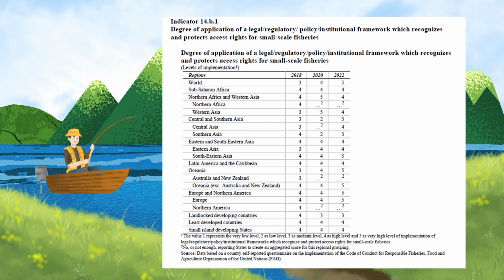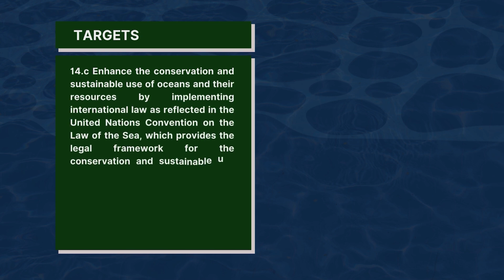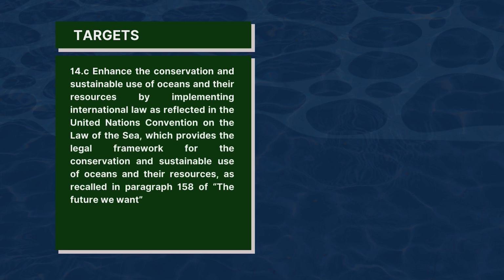Okay, so in this way, when we look into one of the targets, enhancing the conservation and sustainable use of oceans and their resources by implementing international law as reflected in UNCLOS, meaning the United Nations Convention on the Law of the Sea, that provides a legal framework for the conservation and sustainable use of ocean and their resources. That's also reflected in paragraph 158 of the document, The Future We Want.